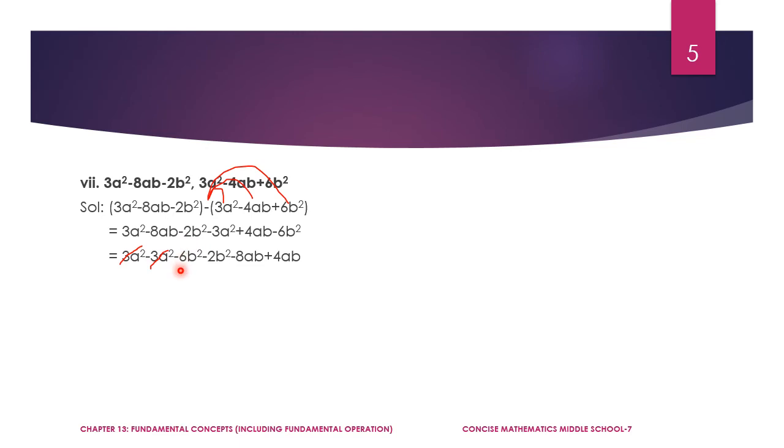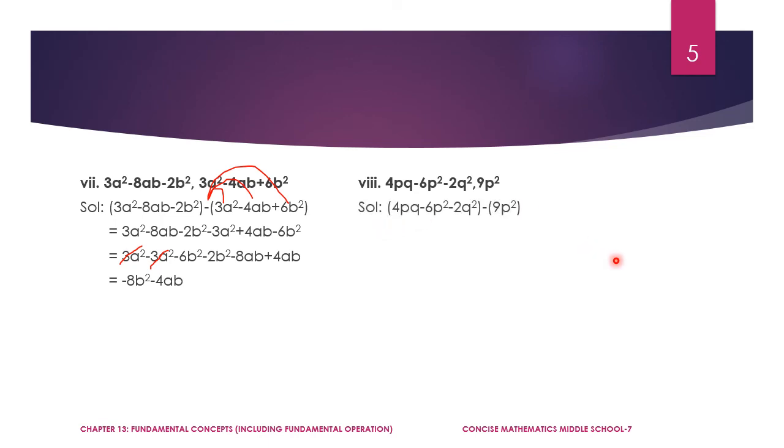And here, sorry, both are having a negative sign. So put the minus sign and add them. 6 plus 2, 8b square. Here one is having a negative sign, other is having a positive sign. Put the bigger number sign, that is minus, and 8 minus 4 will be 4ab. Right? Okay.